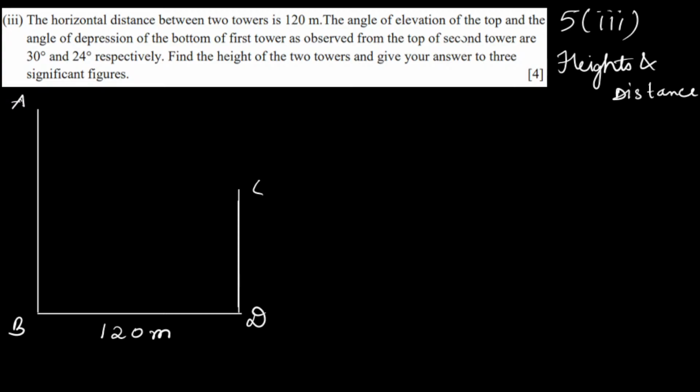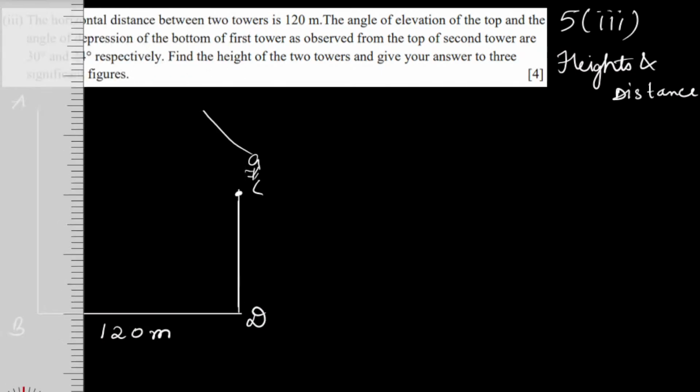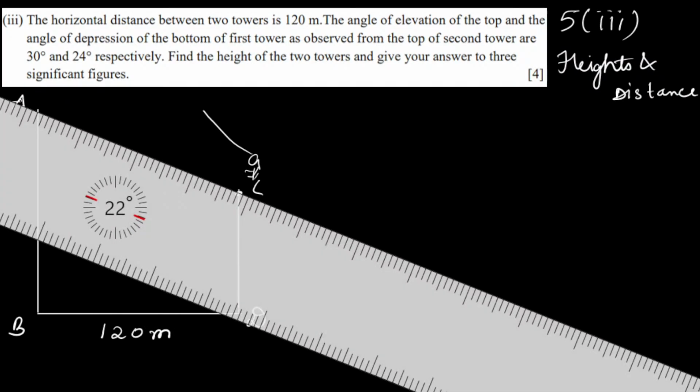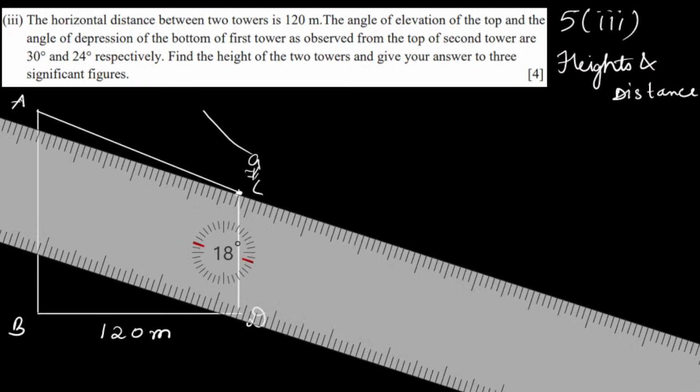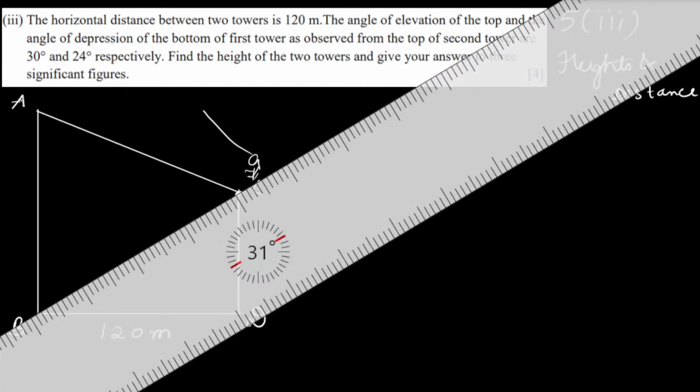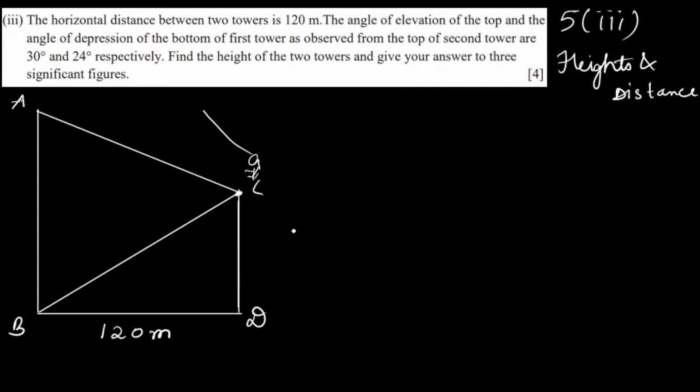The second tower's top is this point C. Suppose someone is at point C. If this person is looking up, we get the angle of elevation, and when the person looks down, we get the angle of depression, at the bottom of the first tower.